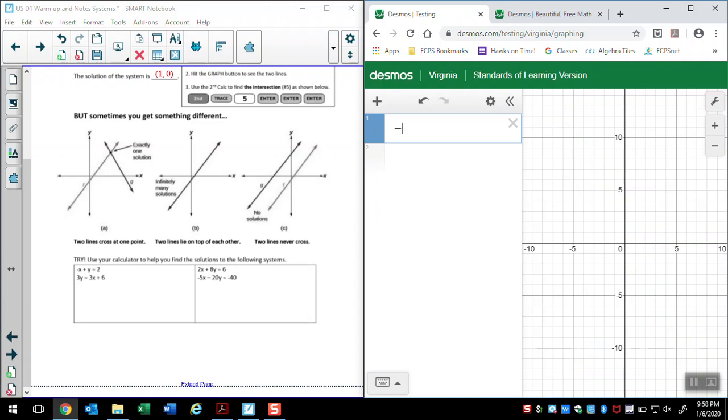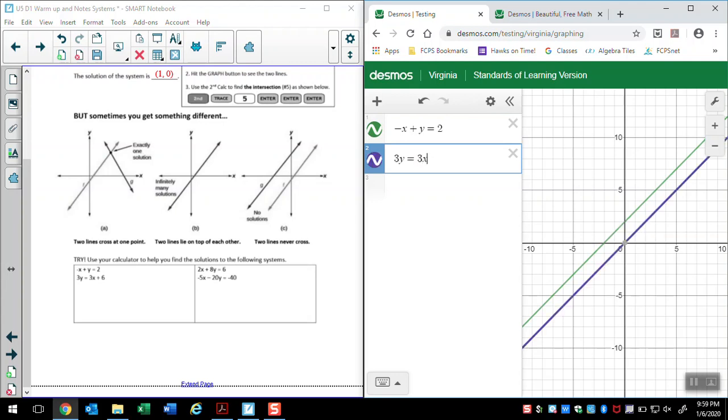All right, so negative x plus y equals 2. There's that equation in green. Now I'm going to graph the second one. 3y equals 3x plus 6.